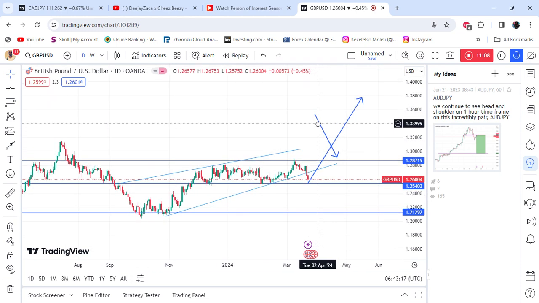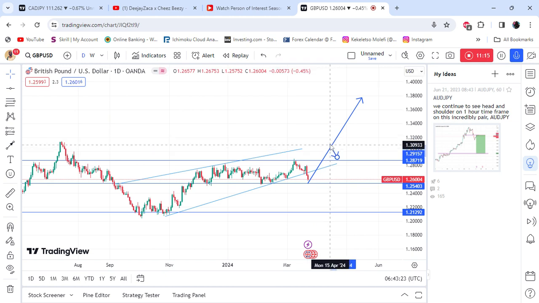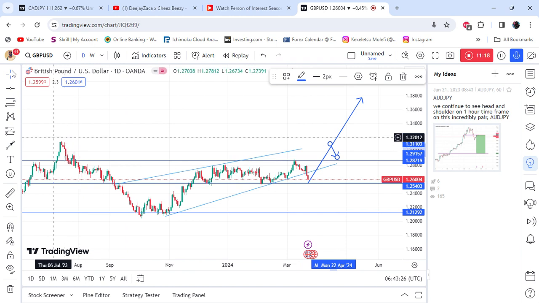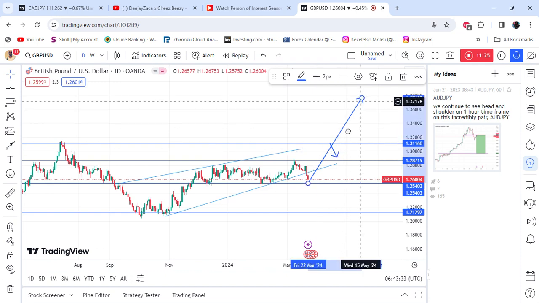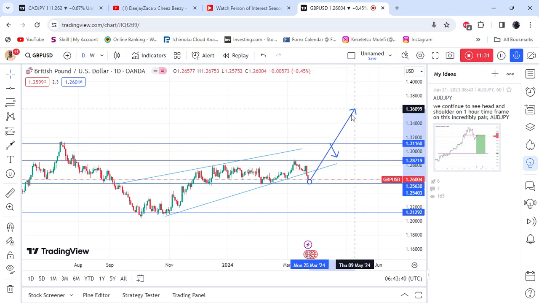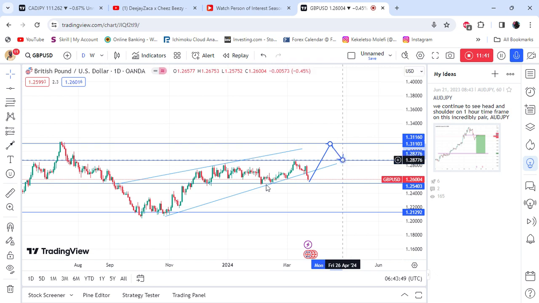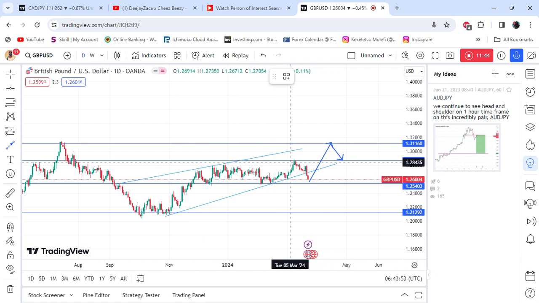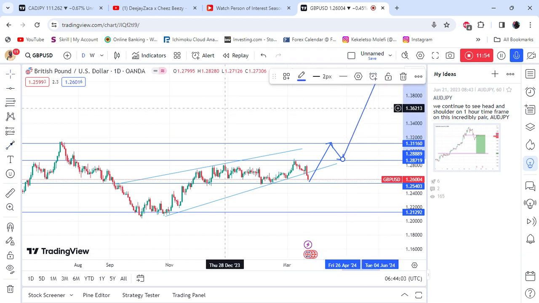What I'm trying to tell you is that you could have this level here aligning here, whereby it will come from there. Also, you could see this happen, and after that you could see it coming here.